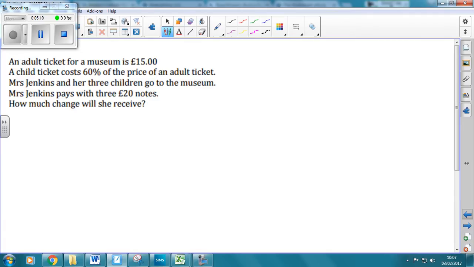So if we have a look at this one, an adult ticket for the museum costs £15. A child ticket costs 60% of that. So let's work out the cost of a child's ticket. So 10% of 15 is going to be, move everything over by 1, so 1's going to go there, 5's going to go there. That's going to be £1.50. 50% is going to be half of that, so half of 15 is £7.50.